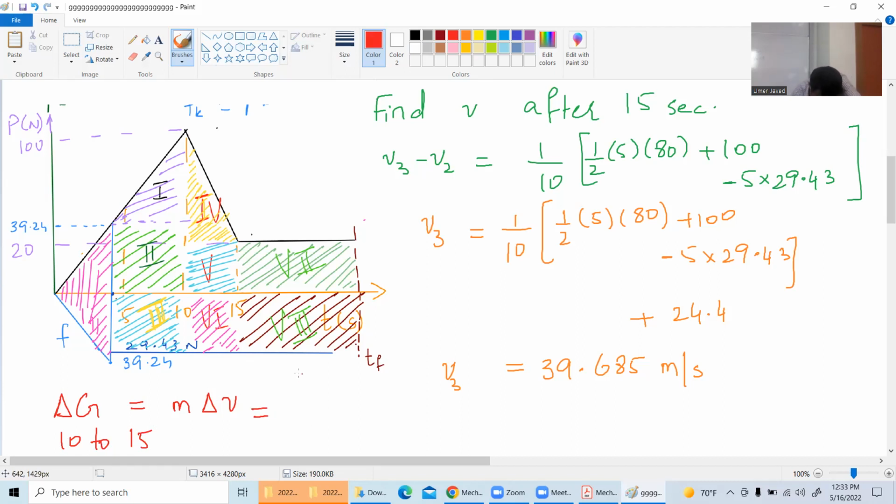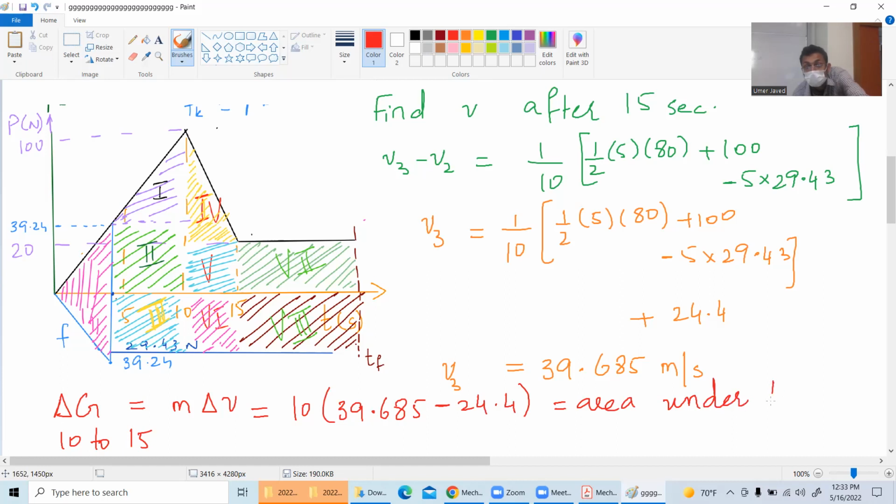The answer comes out to be 10 multiplied by 39.6825 minus 24.4, which is equal to the area under the graph. And delta P comes out to be 152.85.